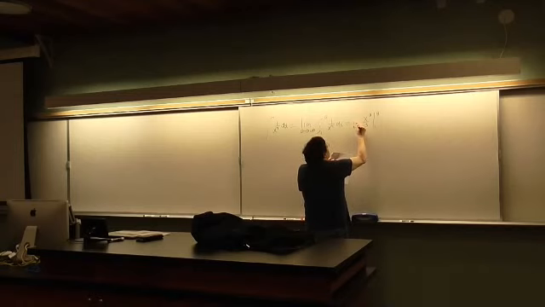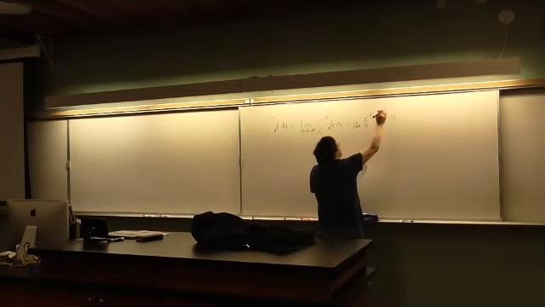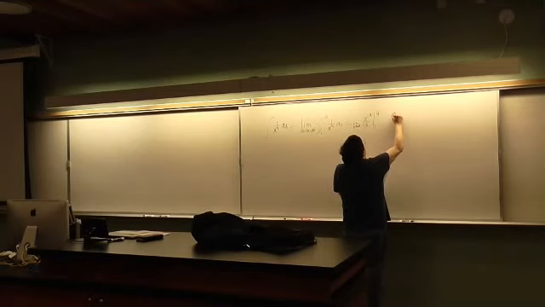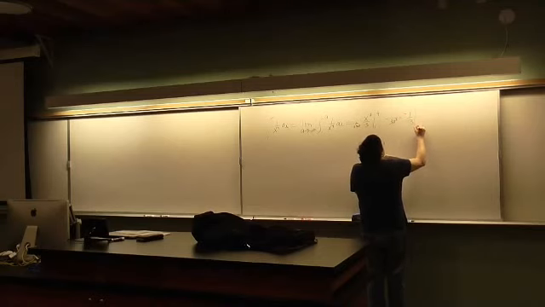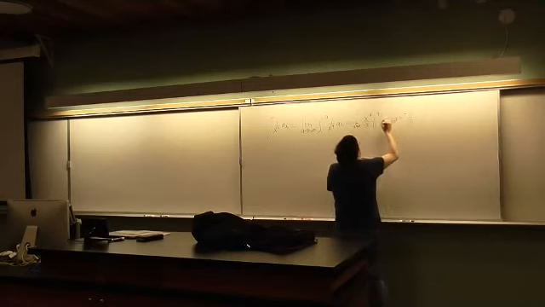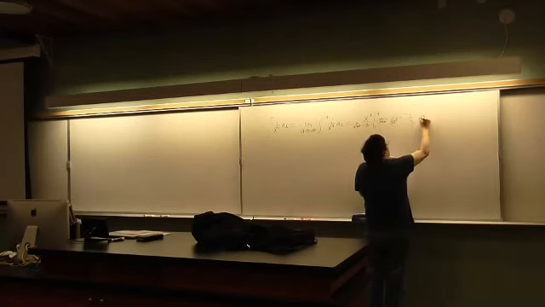Limit as a goes to infinity. It's going to be minus 1 over 3a cubed minus, minus 1/3. That limit's still there. And as a goes to infinity, this goes to 0. This is just 1/3.